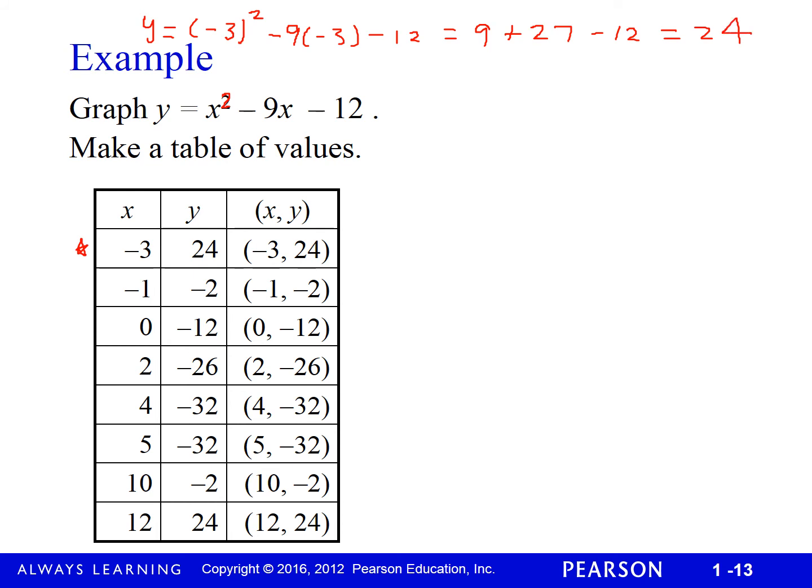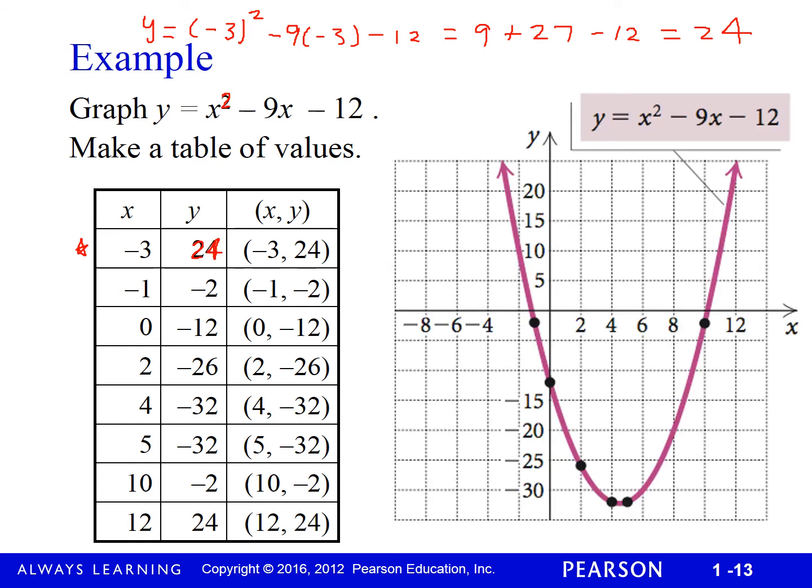This 24 right here. So the point -3, 24 is going to be on this graph. Similarly, we will get a bunch of other points. So -3, 24, we plot that point, which is about right here. That's that point right there.